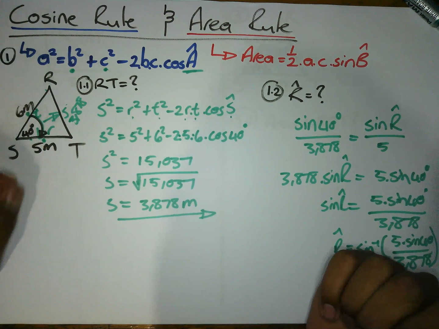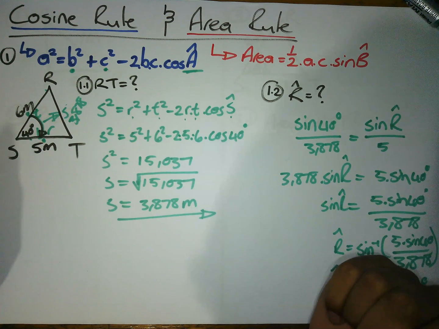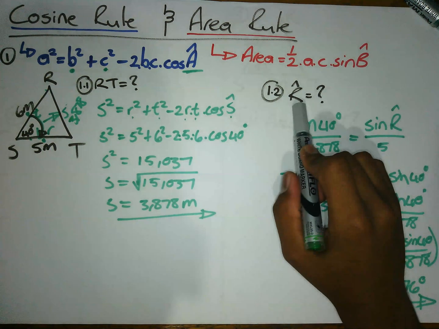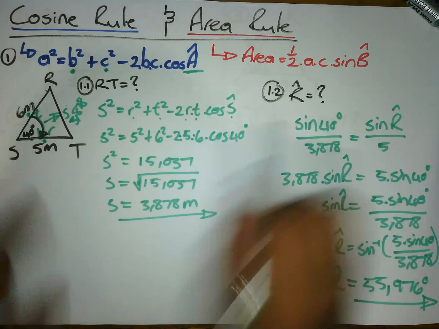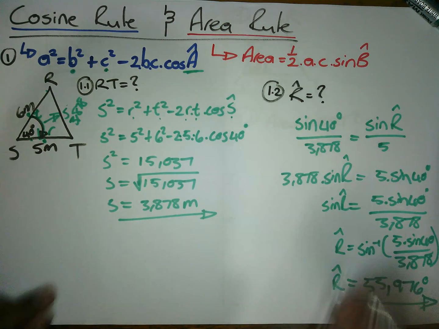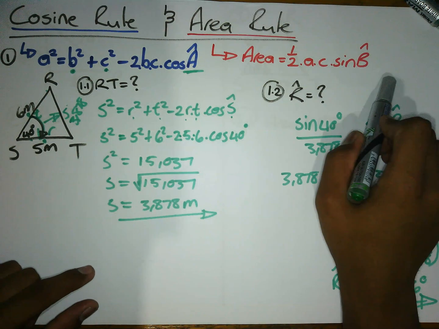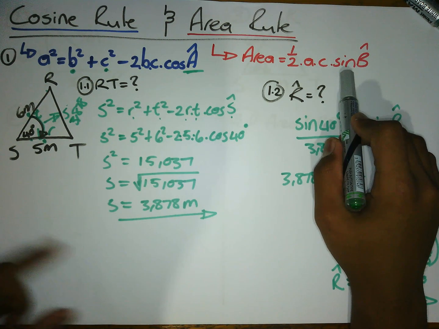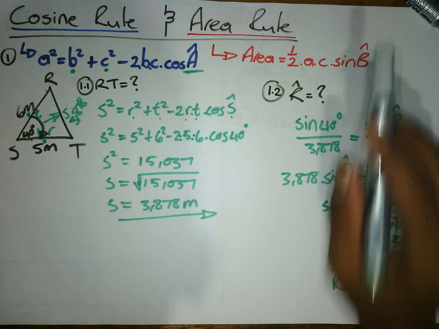A simple triangle like this, you will only use the cosine rule once. So if they ask you for angle R in the same question, if you don't have the area yet and you can't manipulate the area rule in any way, the only thing you can use is the sine rule.